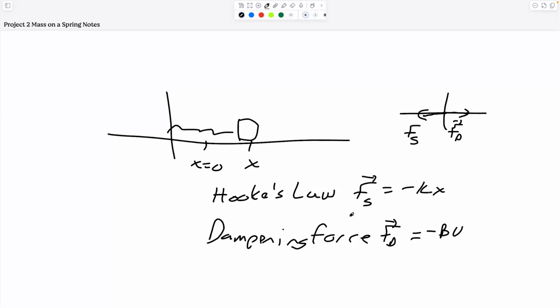So in your presentation, you're going to quickly go through this. Don't spend a lot of time on it. Draw some pictures, or you could just Google mass on a spring and find some professionally made image that looks like this, but make sure you cite your source. If you put an image in your paper, right there underneath the image, tell us where you got it from.